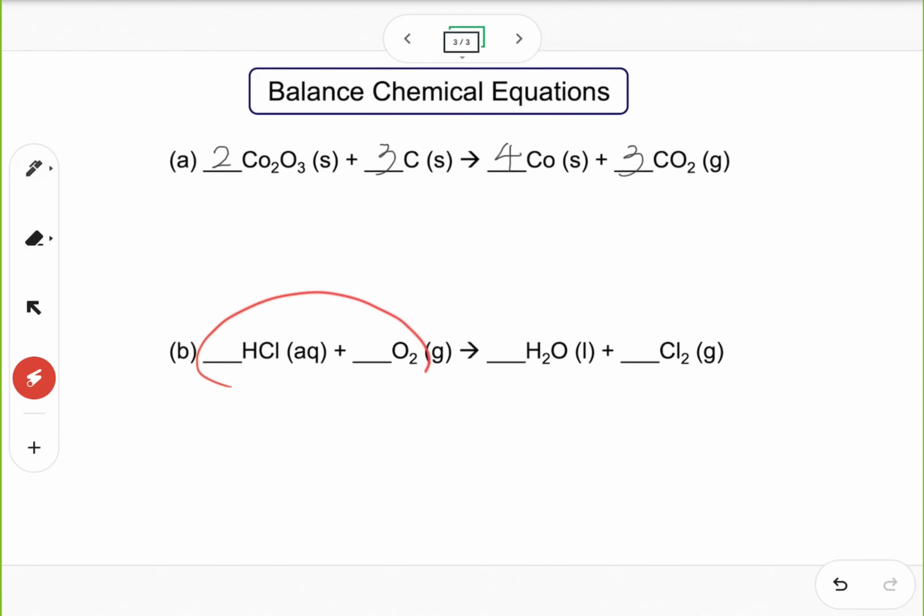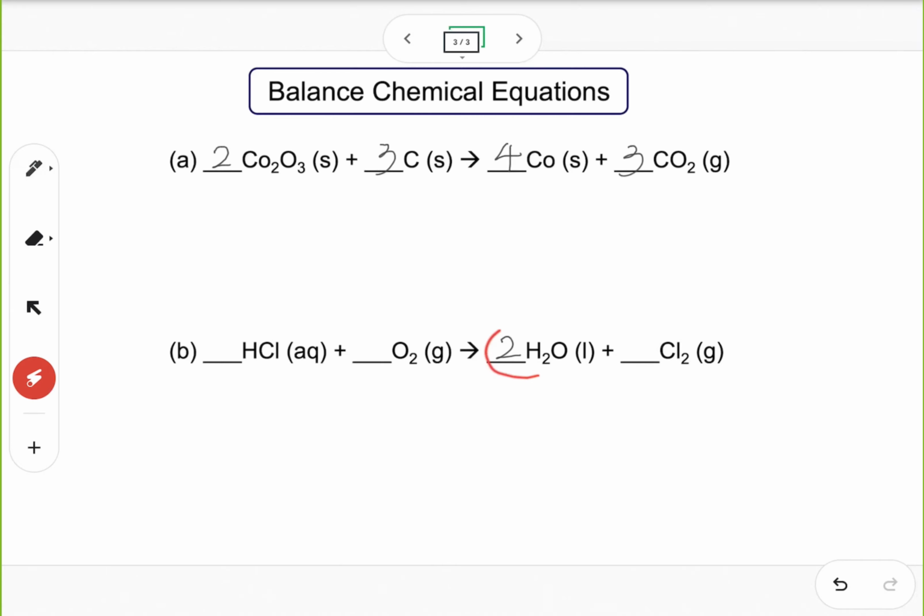On the reactant side, you have 2 oxygens here. If you want to make sure that the product side has 2 oxygens, then what we can do is add a 2 in front of water. Now you have 2 oxygens on the product side and 2 oxygens on the reactant side. Oxygen is balanced so far.